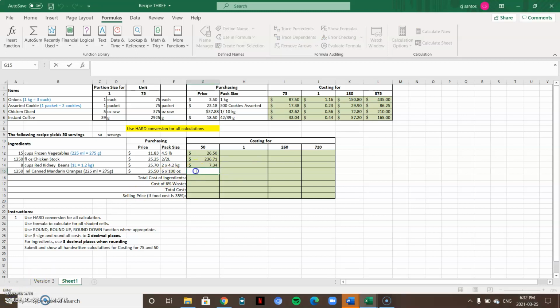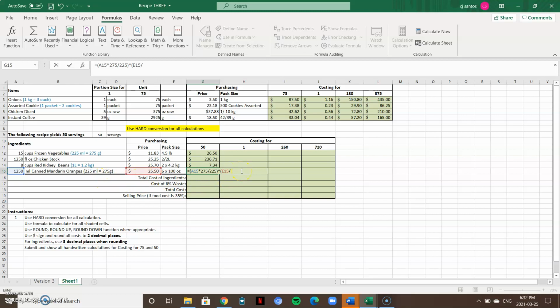So for the oranges, we would simply get 1,250 milliliters and multiply it by the weight equivalency of 275 grams and 225 milliliters, close bracket, then multiply, open bracket, and get $25.50, then divided by 600 ounces, but the functions do not match, so I would convert ounces to grams.